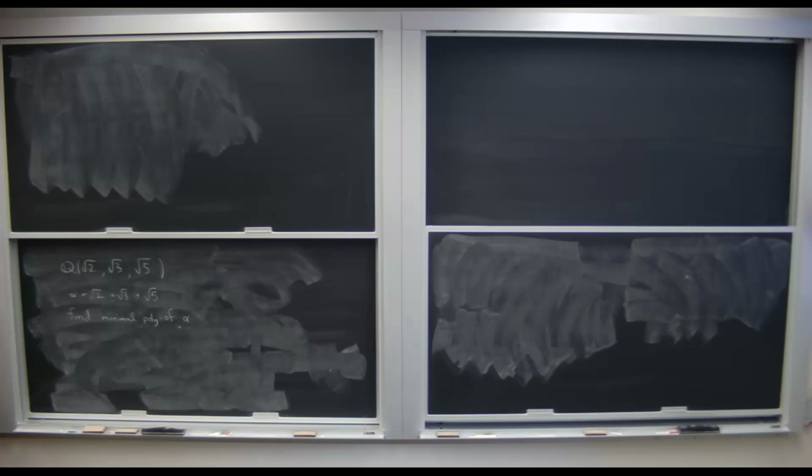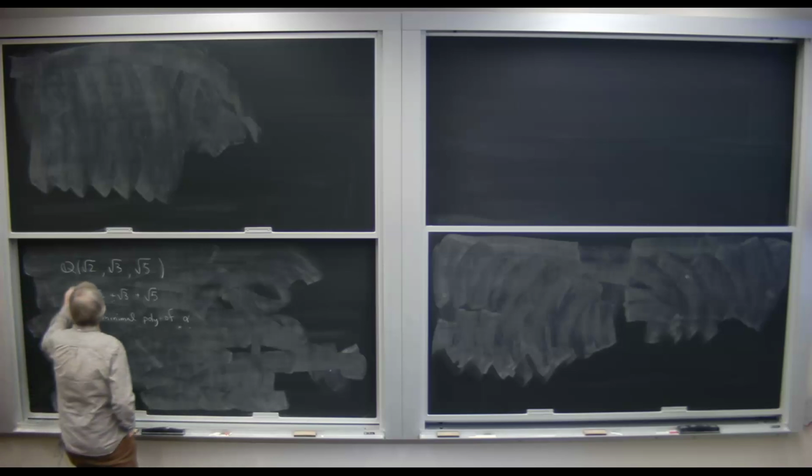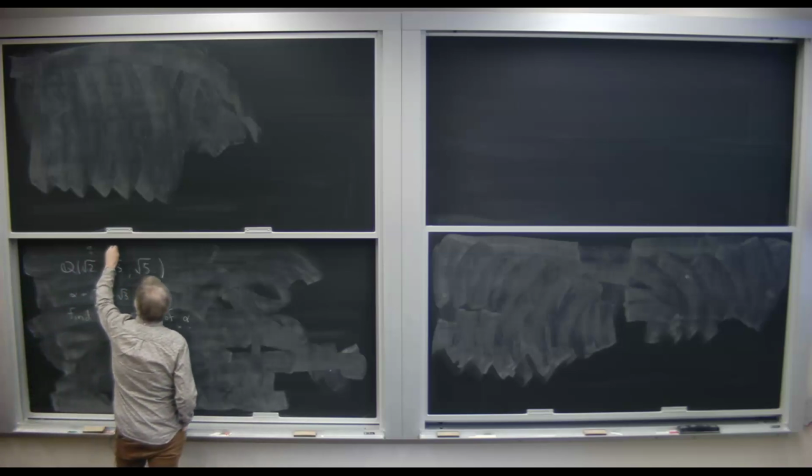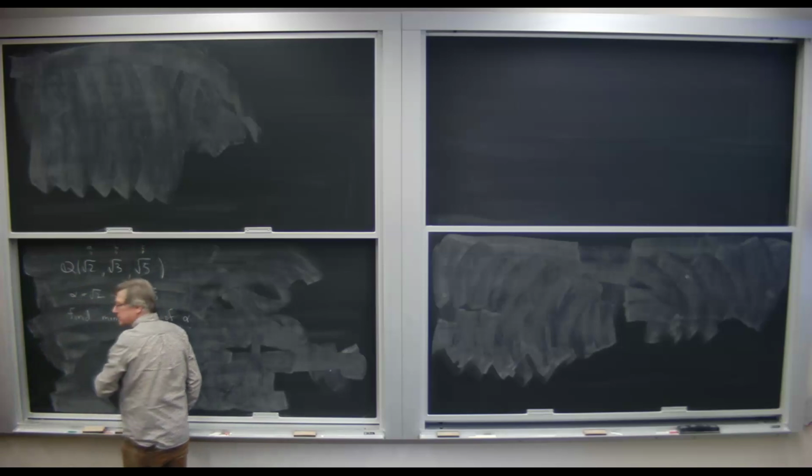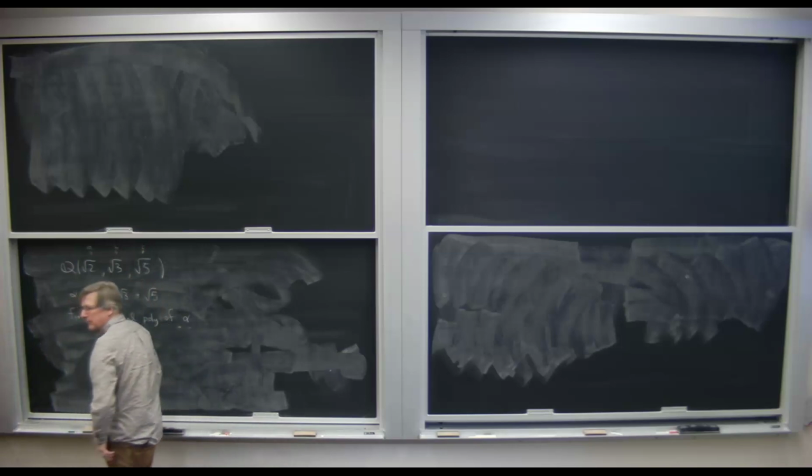But to get the minimal polynomial, I'm just interested in A plus B plus C. Yeah, but how are you going to get the minimal polynomial? If we name these things, if this is A, this is B, and this is C, then this is just A plus B plus C, and we want the minimal polynomial.